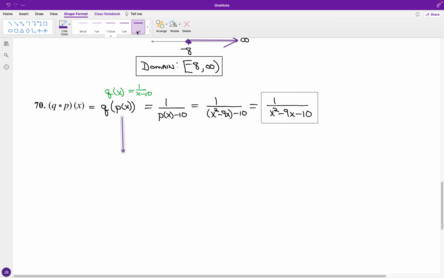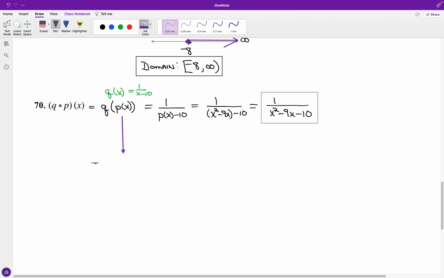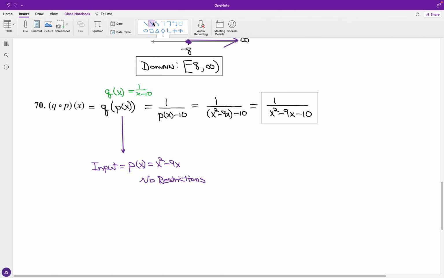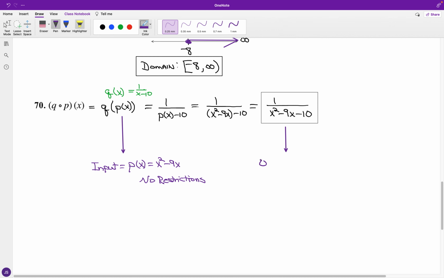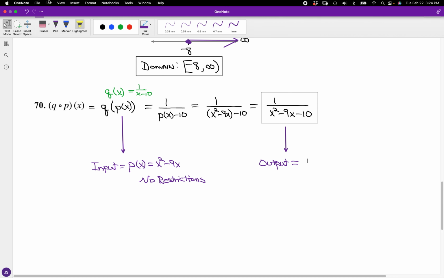And just looking for the domain. Once again, for the input, p of x is equal to x squared minus 9x. For p of x alone, there is no restriction. Now in the case of the output, we have the composition itself, 1 over x squared minus 9x minus 10.